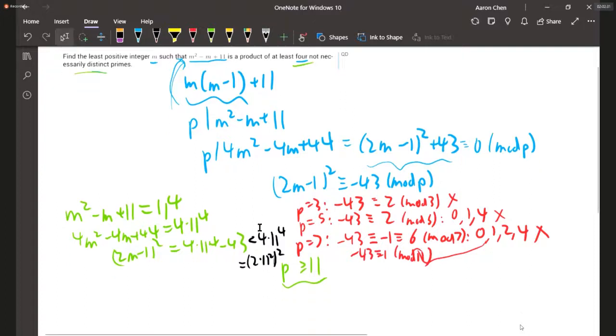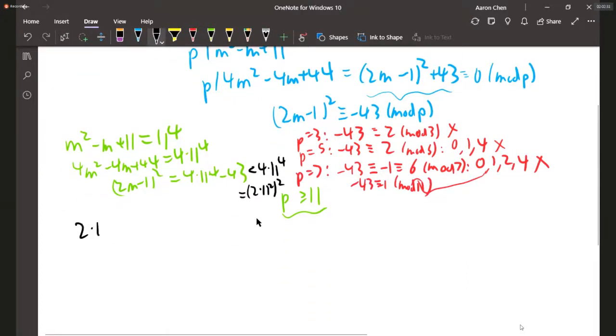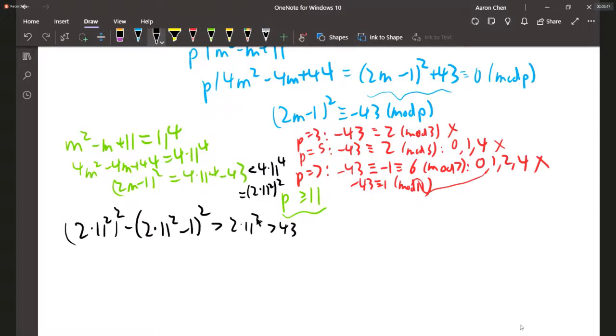However, the difference between (2 times 11 squared) squared and the perfect square smaller than it, which is (2 times 11 squared minus 1) squared, is greater than 2 times 11 squared, which is greater than 43. But the difference here is 43, which means this is a number between two consecutive perfect squares. And so this case does not work because m is not an integer in this case.